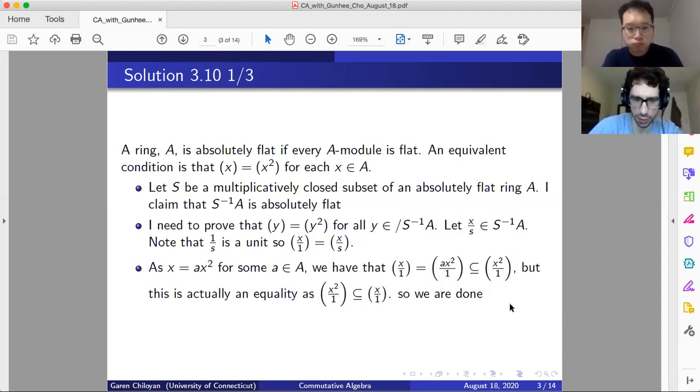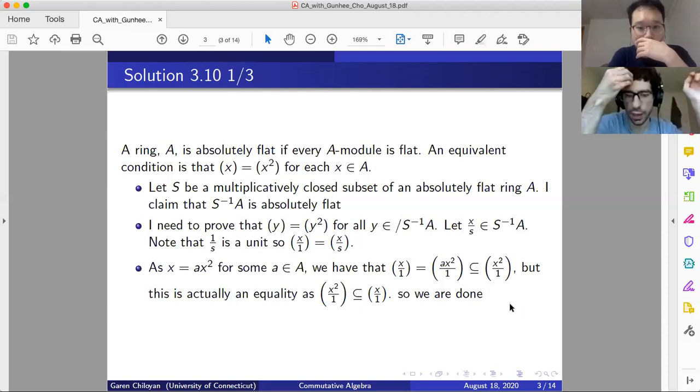So the ideals are the same. Let's start all over and prove that the ideal generated by x over 1 is the same as the ideal generated by x over 1 squared. Let's use the fact that A is an absolutely flat ring.